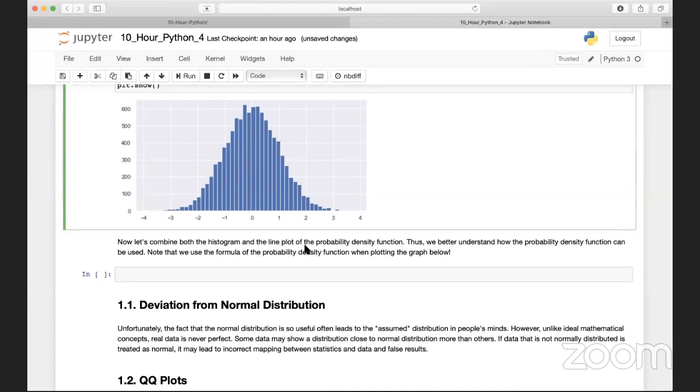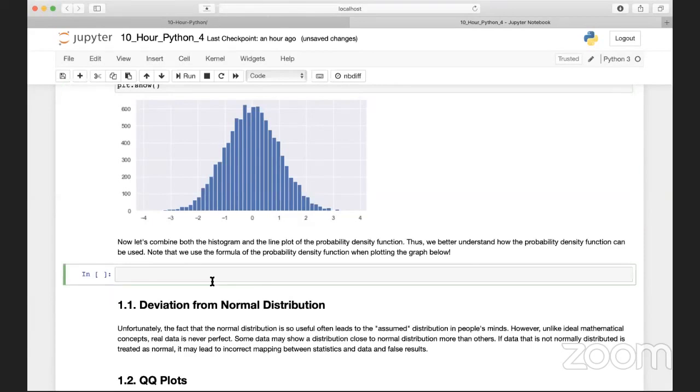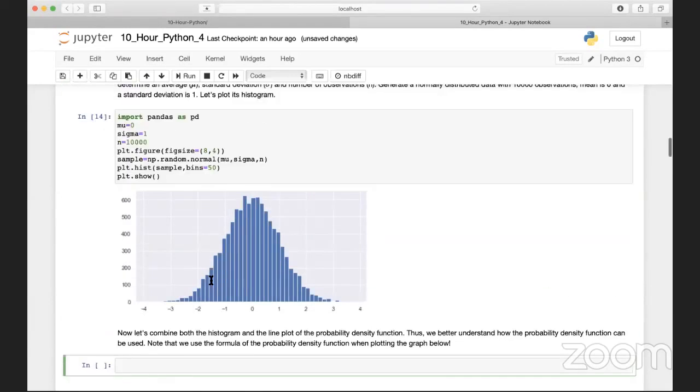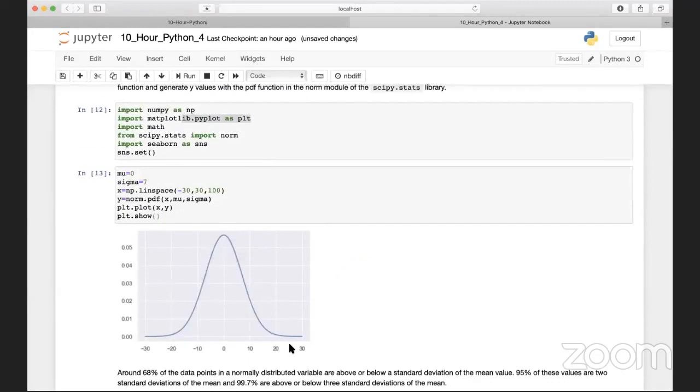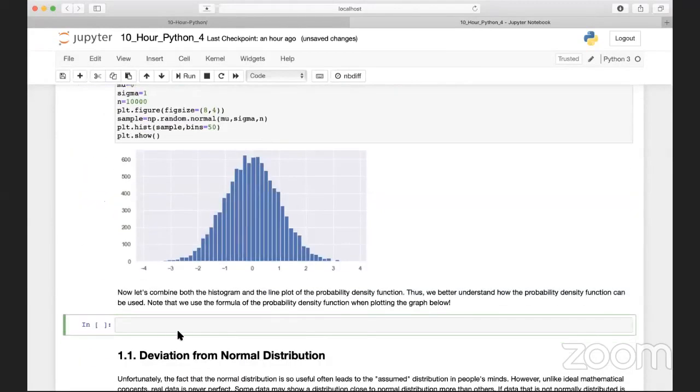It's possible to include the density on this plot. So let's do that. Let's apply the PDF right here on top of this histogram. Okay. So let me do that. Mu, sigma, n is equal to, I will redefine my parameters here.